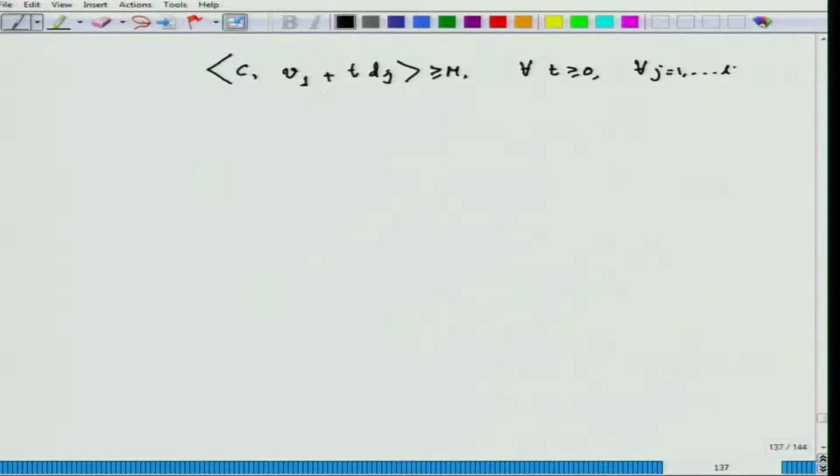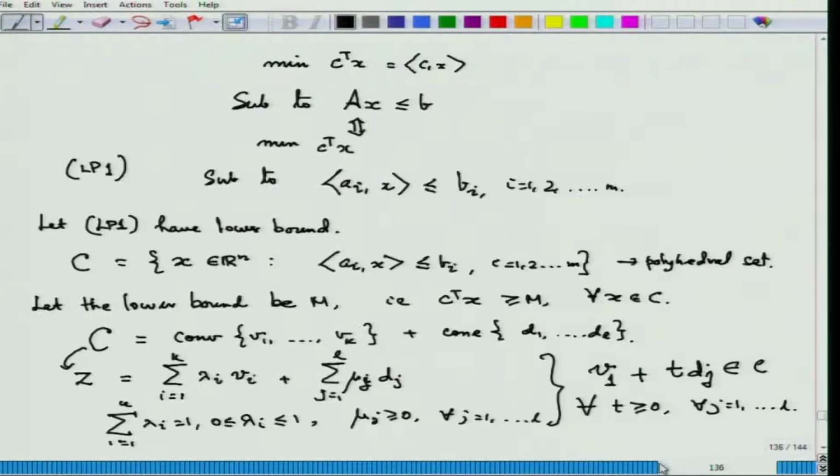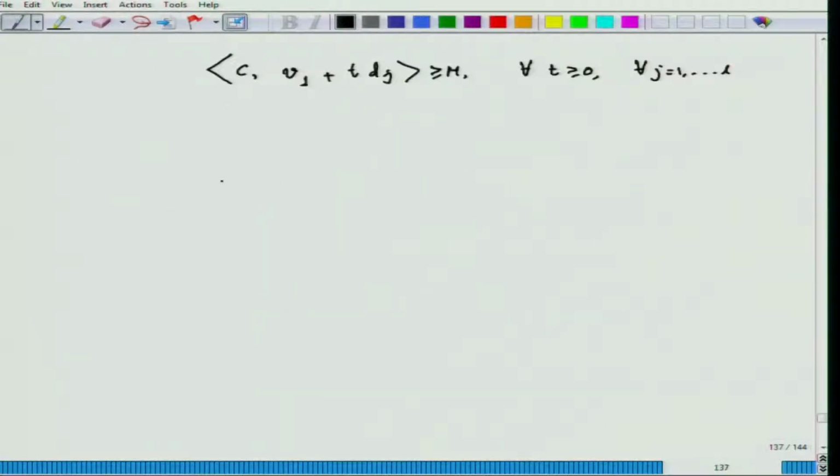Just go back and recollect this definition. This is the meaning of the lower bound. Now, I can write this as C transpose V1 plus t times C transpose d_j is bigger than or equal to M.